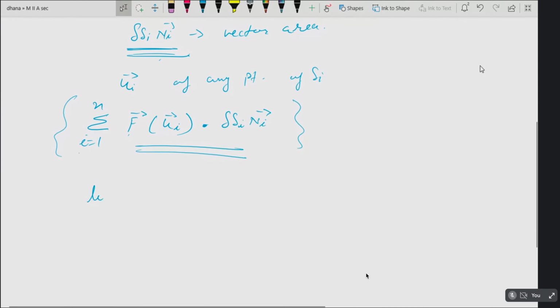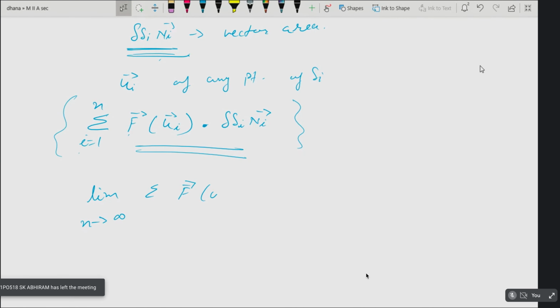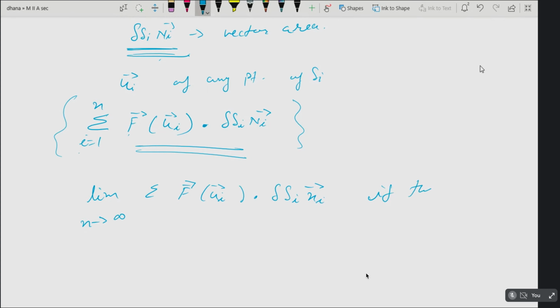Now suppose the limit as n tends to infinity of the summation f bar of ui bar dot del Si ni bar exists. If this limit exists, now I am calculating this limit.